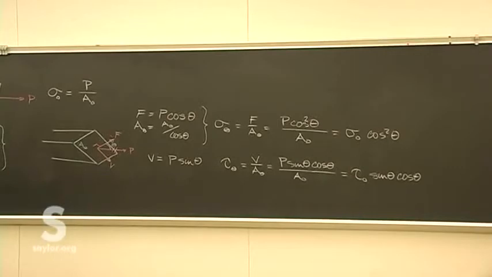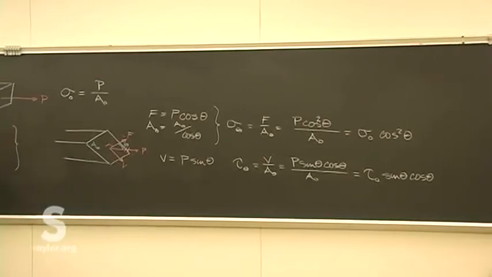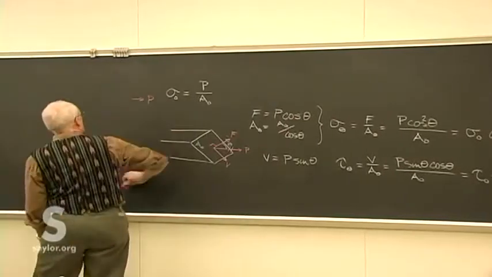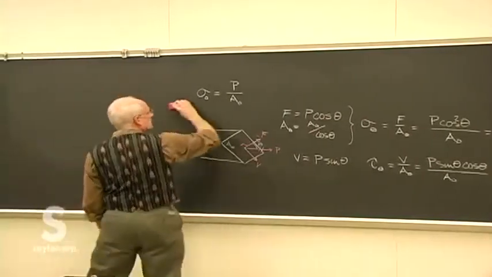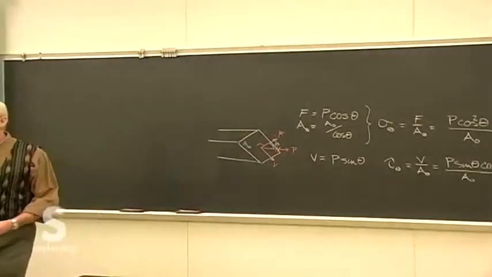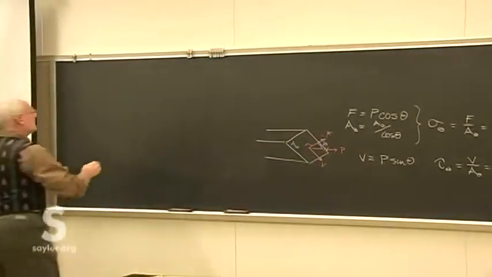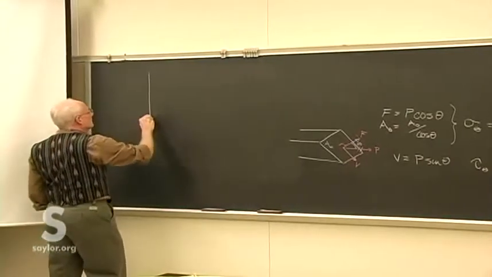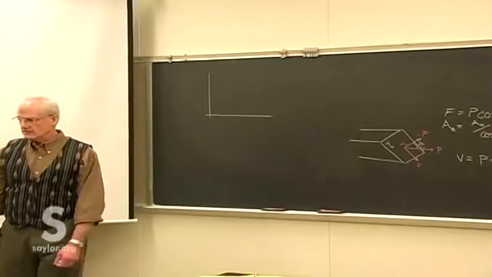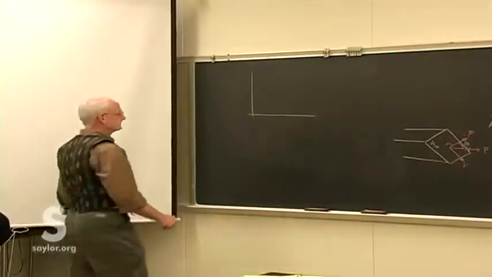All right, so what we need to do now is look at what those are in terms of theta to see if there are other places there might be trouble that we would not have seen before if we hadn't looked at some arbitrary angle theta internal to the piece.